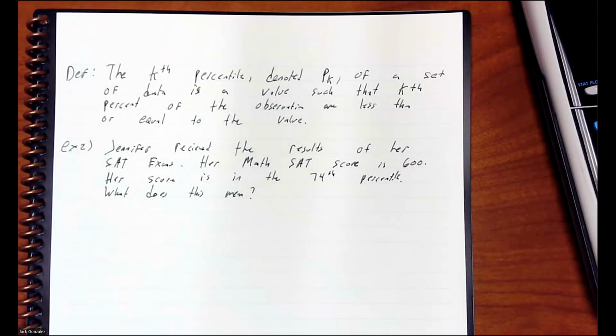So that means anyone who scores above 600 was in that group, right? So 74% would be below 600. So a huge chunk of the population is below 600 on the SAT score. Okay, does that interpretation make sense?